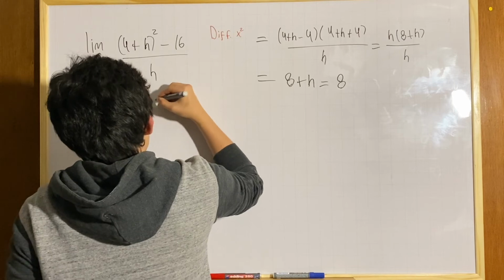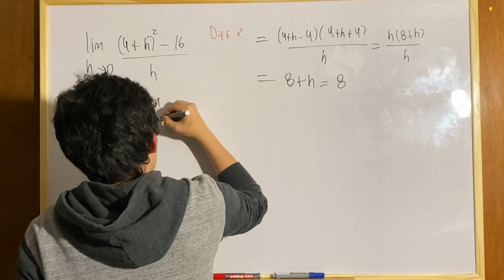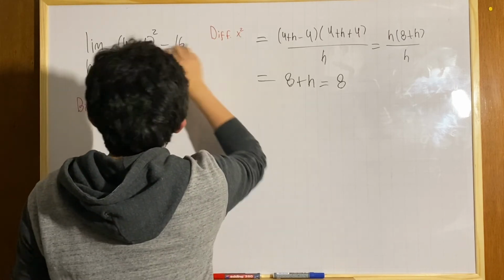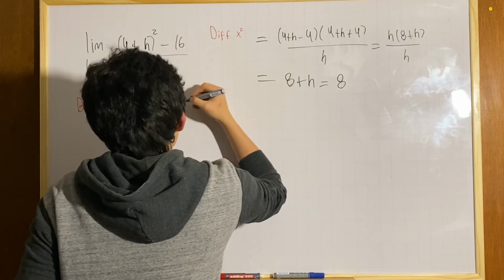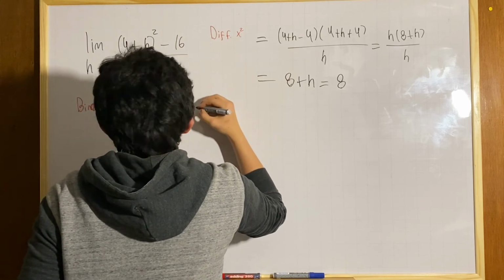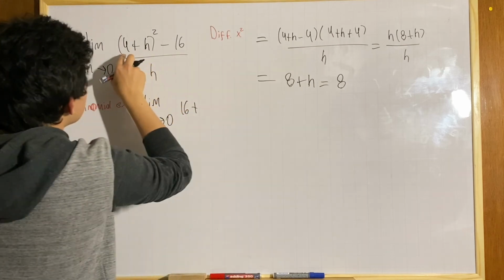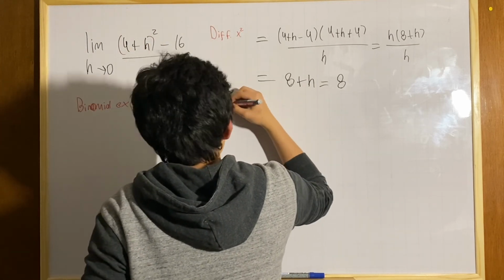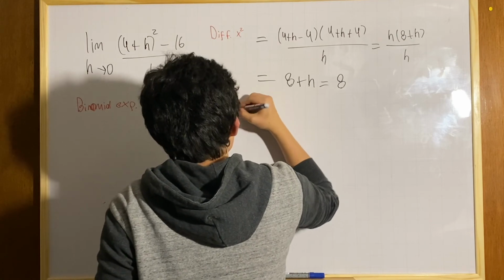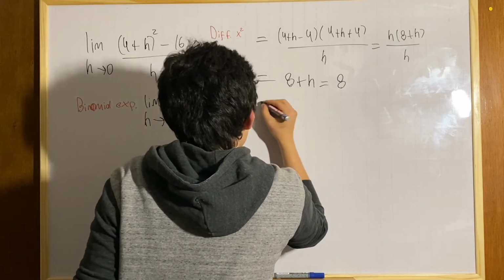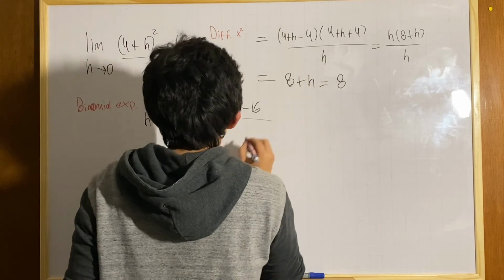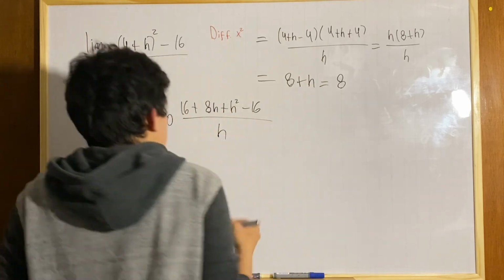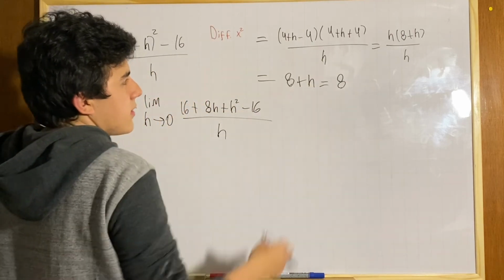So we have the limit as h approaches 0. Now let's expand it. We have the square of the first term, that is 16, plus 2 times the two terms, this would be 8h, plus the square of the second term, which would be h squared, minus 16 over h. Now we get to the same point that we got here.